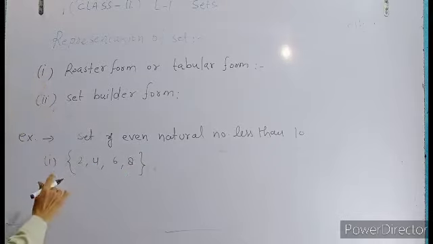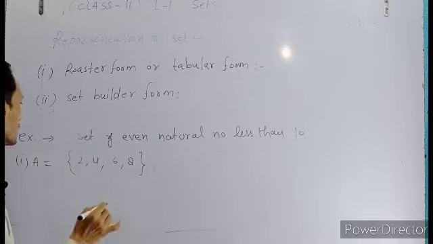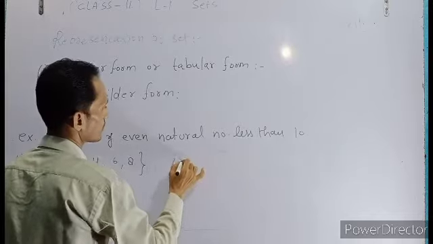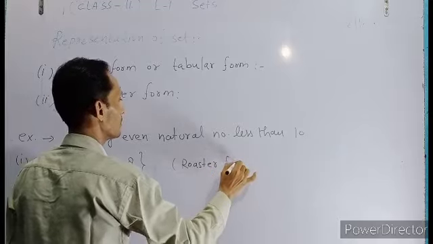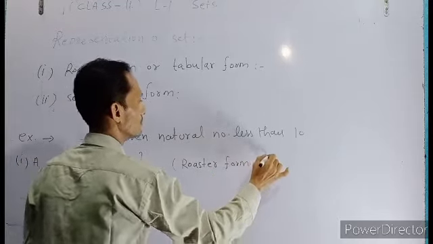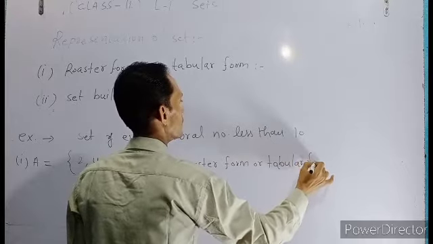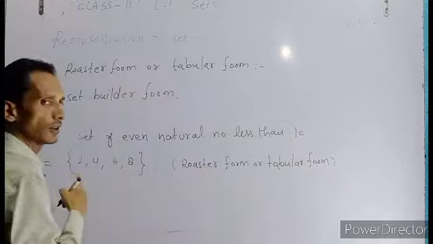That is called the roster form or tabular form. Suppose A equals that set.